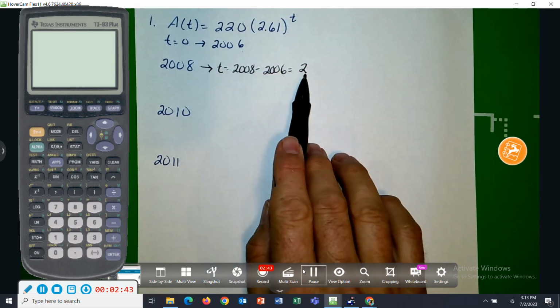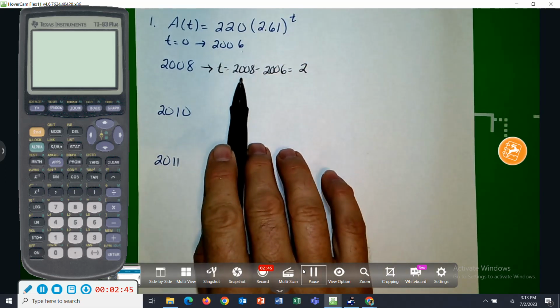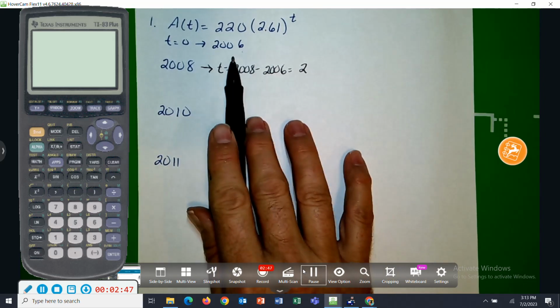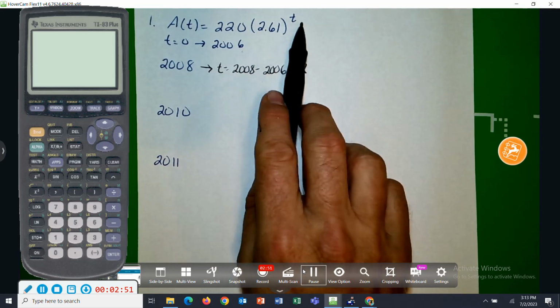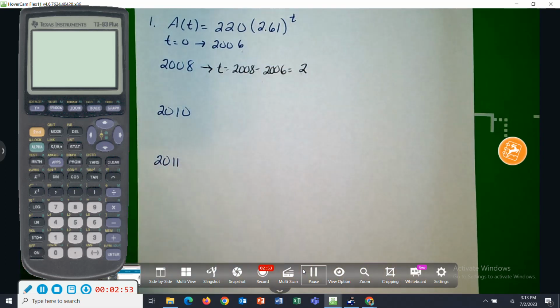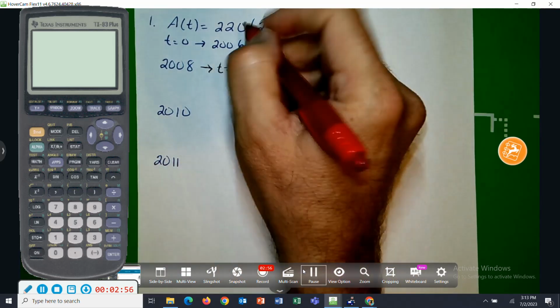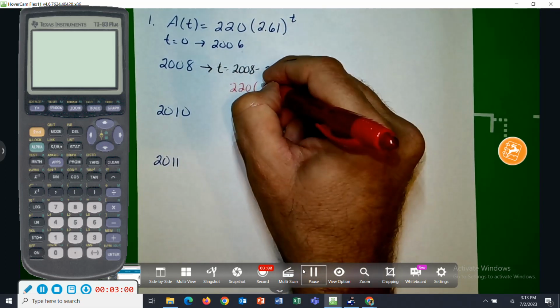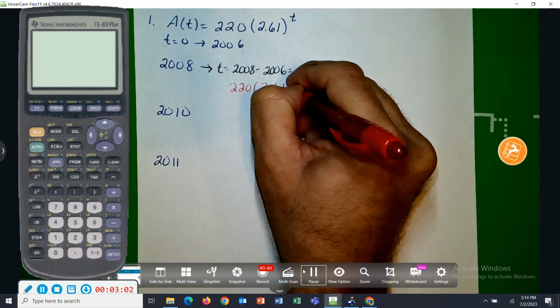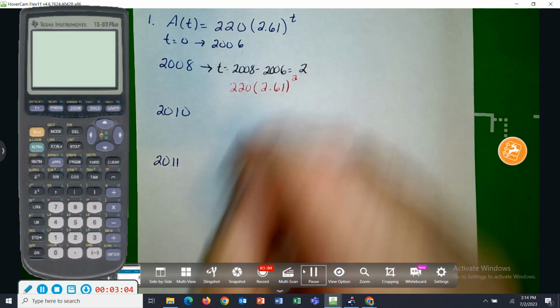Well, 2 years. So I'm trying to show that to get that t value, you're subtracting from 2006. So we plug a 2 in for t. What we're going to have to punch in will be 220 times 2.61 squared.